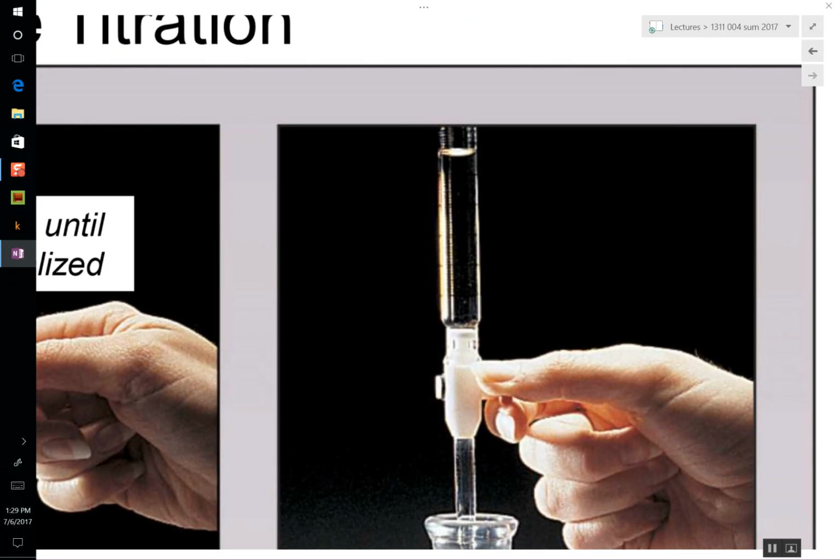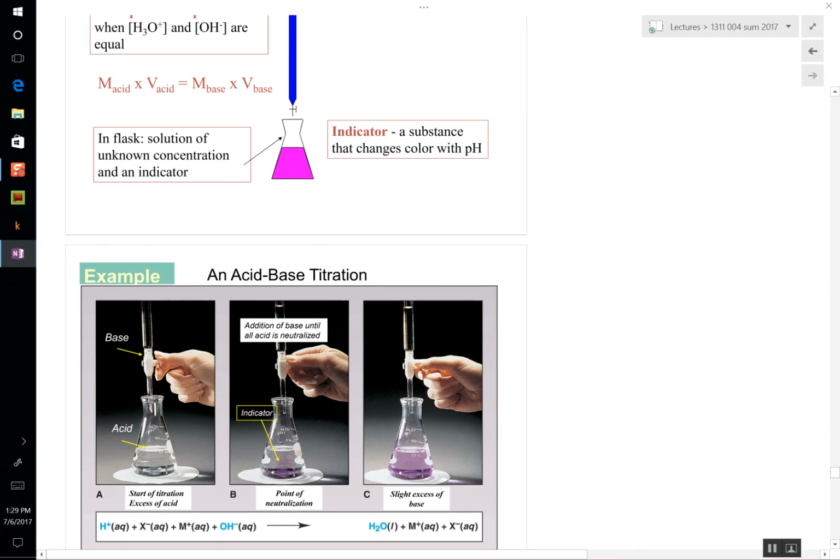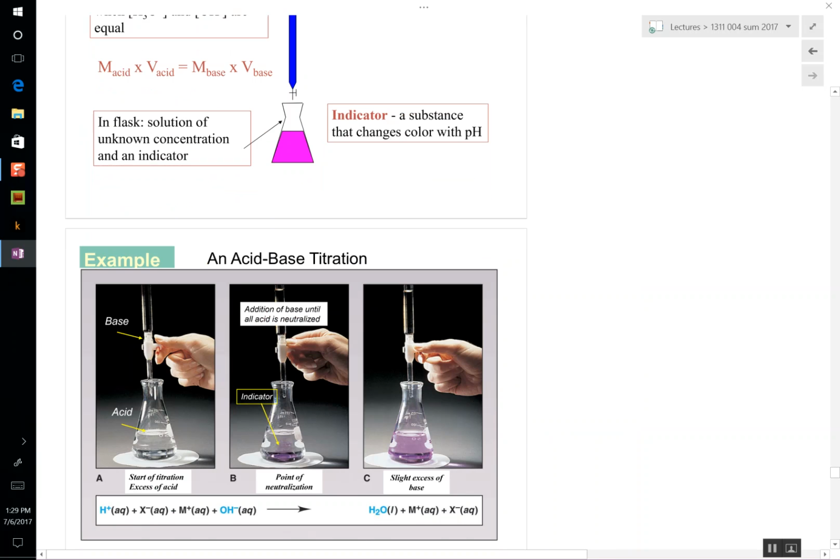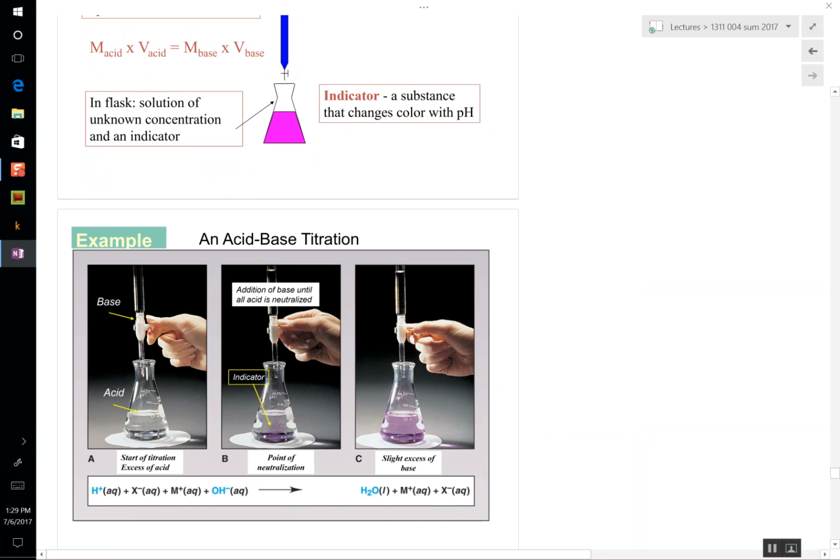Let's say that's a 50 milliliter burette. It starts out at 0 at the top, and you titrate down, and at the end point you stop and you read your burette.